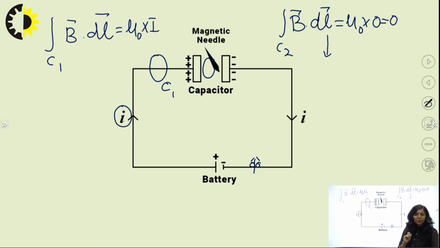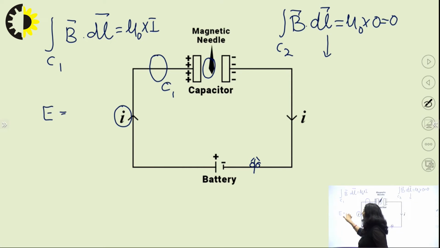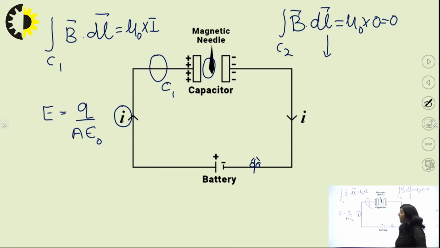As I have mentioned, during the process of charging at different times, the charge over these two plates is different. And you all know, for a parallel plate capacitor, electric field is given by Q upon A epsilon naught.